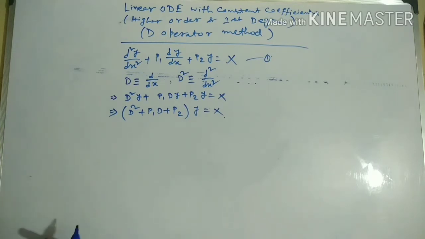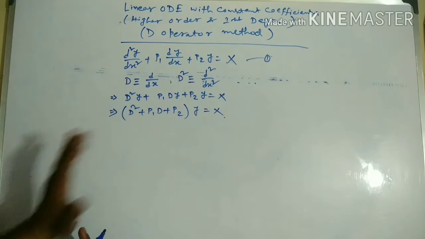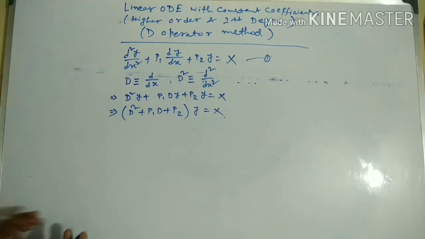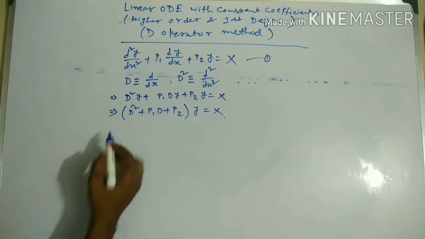To solve this type of equation, we have to know what the general solution is first. The general solution of this type of equation is divided into two parts. One part is called CF, that is complementary function, and another part is called particular integral, in short PI.